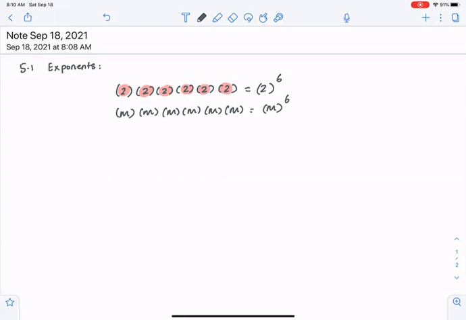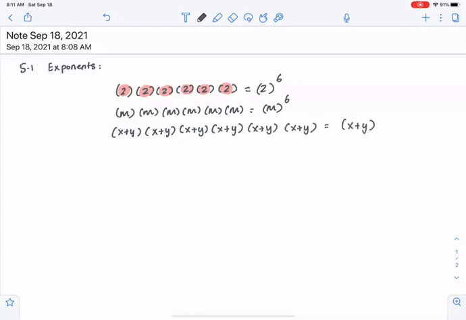I could also have other types of exponents. I could say x plus y times x plus y times x plus y times x plus y times x plus y times x plus y. That would give us x plus y raised 6.